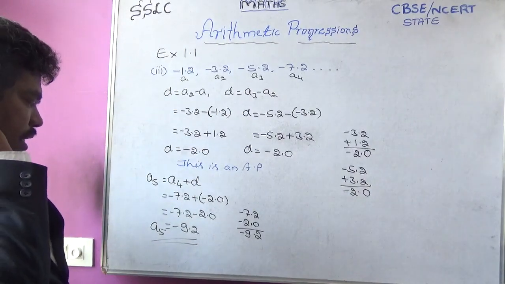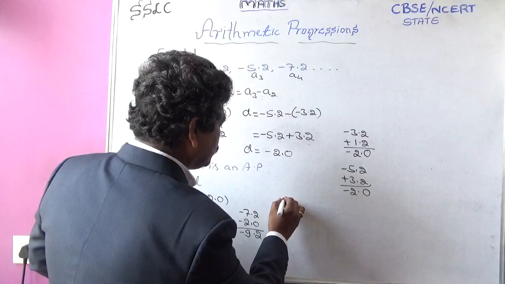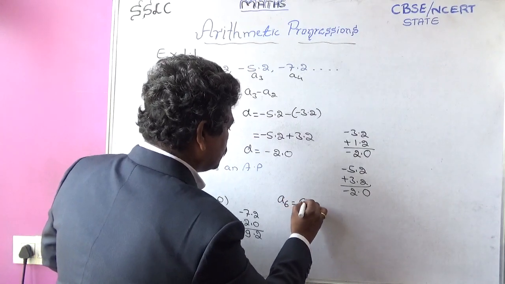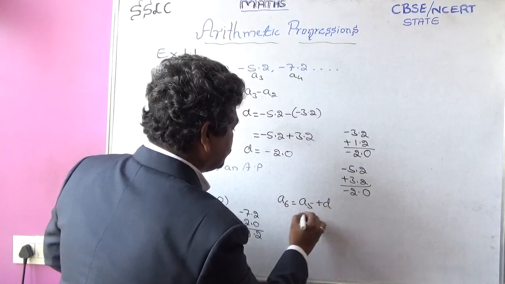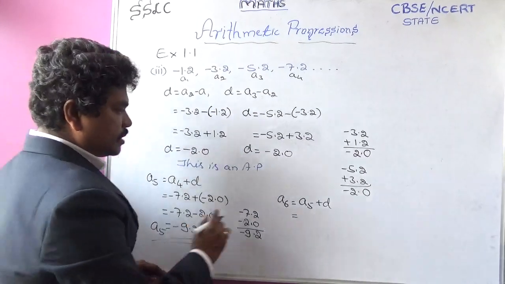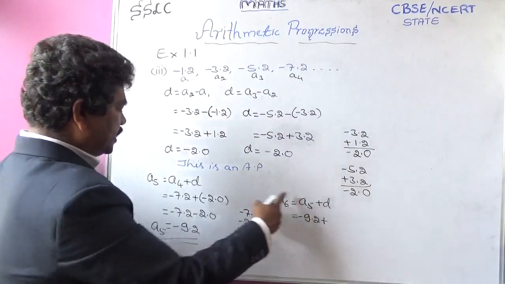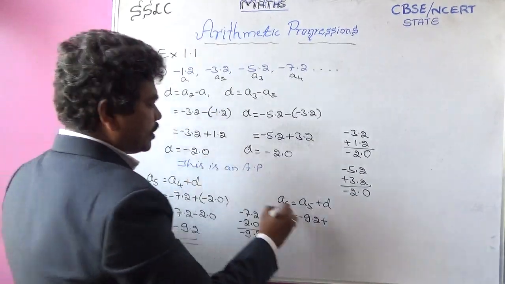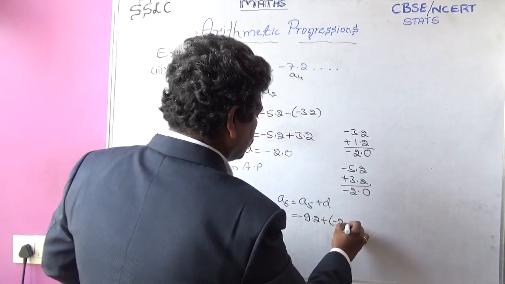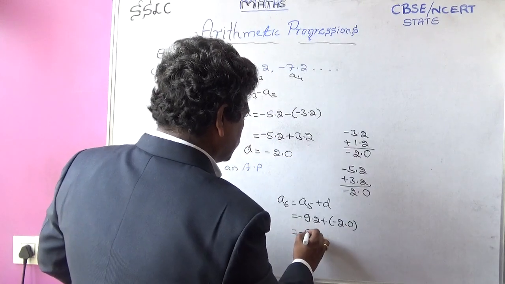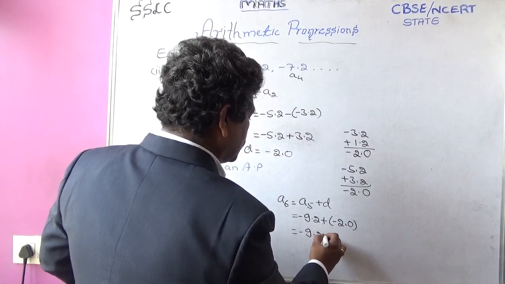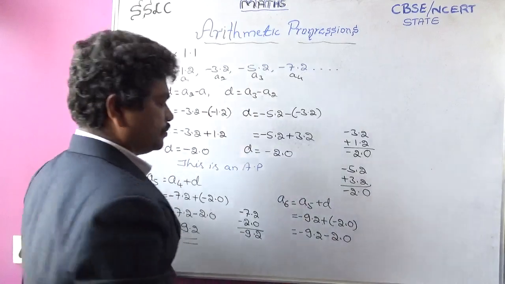Then you have to find the 6th term. A6 is equal to A5 plus D. Here A5 is minus 9.2 plus D, which is minus 2.0. So that becomes minus 9.2 plus into minus 2.0.